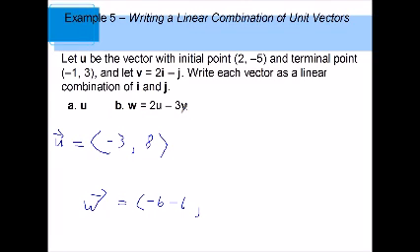If I then take the j hat components, w is 2u, so u was 8 here, so 2 times 8 is 16, minus 3 times v, v is -1 here, -3 times -1 is +3.